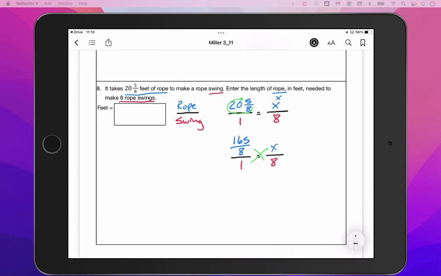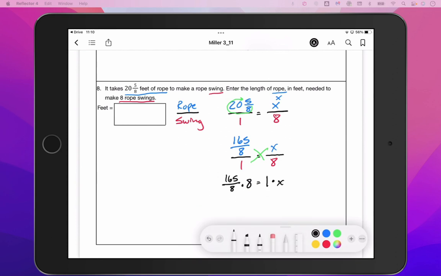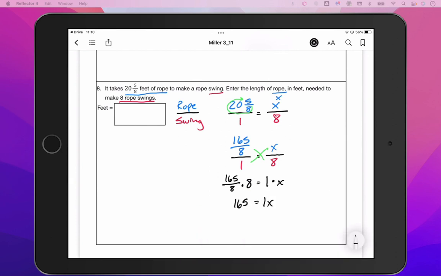We will have 165 over 8 times 8 is equal to 1 times x. And we will get 165 is equal to 1x. That can be rewritten as 165 equals x without the 1 in front of it. And that's going to be the answer for us today. So 165 feet of rope is needed to make the rope swing.